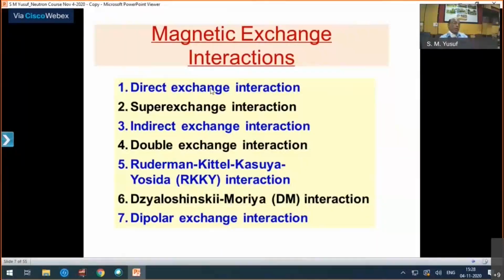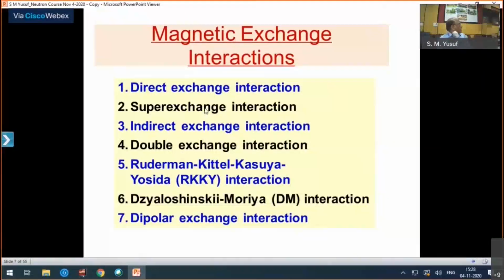Let us say you have a 3d ion and another 3d ion, typically separated by about 1.5 angstrom. The 3d shell has a physical size of about 1 angstrom, so with a separation of 1.5 there is a direct overlap between one 3d shell and another 3d shell. There you can expect this kind of direct exchange interaction.